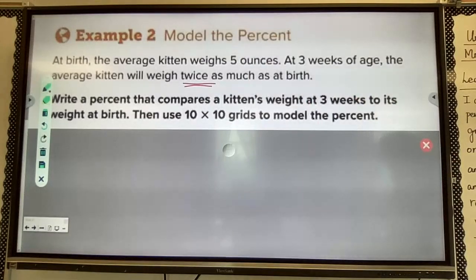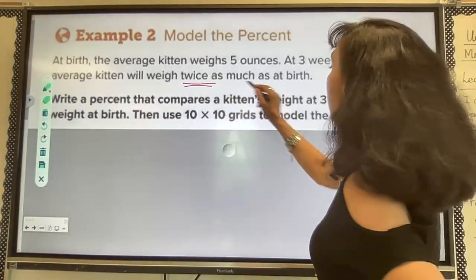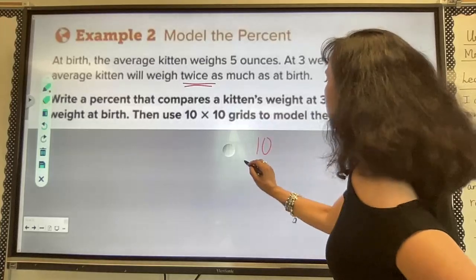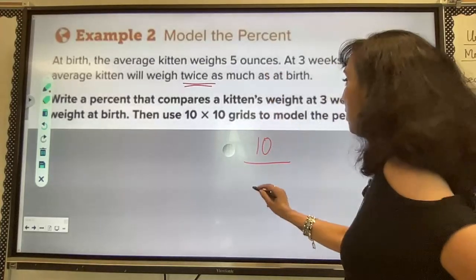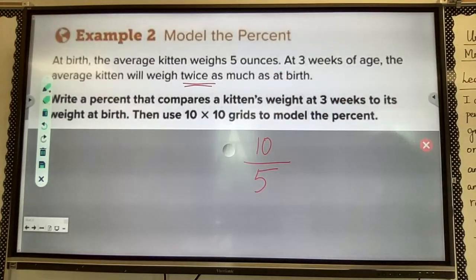Okay, and then we're going to write a ratio comparing the average kitten's weight at 3 weeks of age to its weight at birth. So this is 10 ounces to, at birth, 5 ounces, right? And so that's what we are comparing.